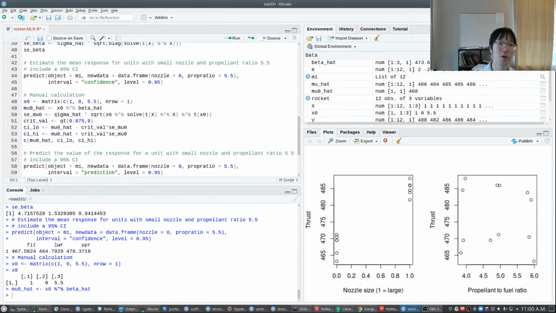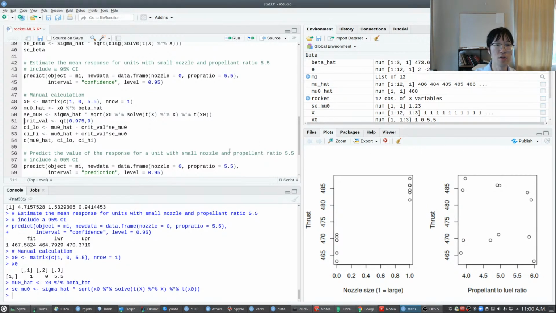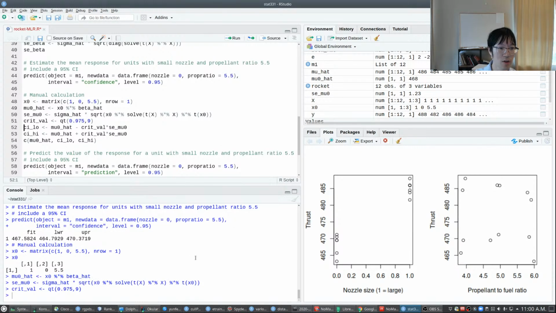That rewrites the formula we saw on the board in matrix multiplication notation. That gives us the standard error, and then we look up the t-distribution to get the value of c. For c, we use the 0.975 quantile of the t-distribution with 9 degrees of freedom. Remember, 9 is the residual degrees of freedom, so that gives us all the ingredients.